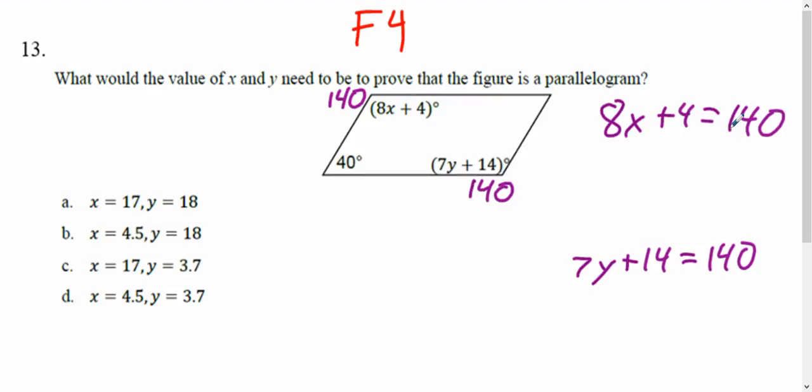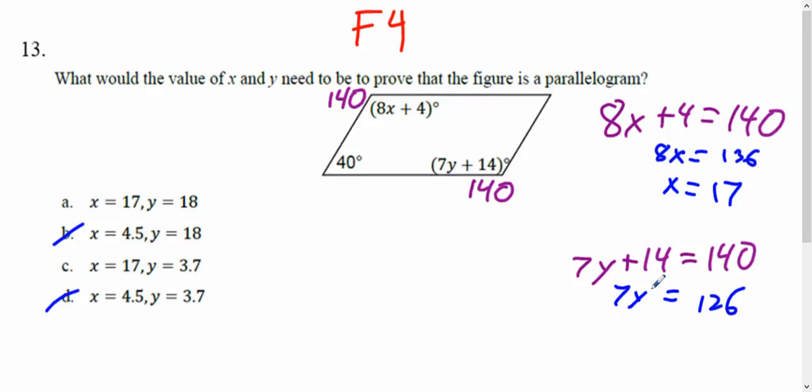So 140 minus 4 is 136 divided by 8. X equals 17. 140 minus 14 is 126 divided by 7. You get y equals 18. A.